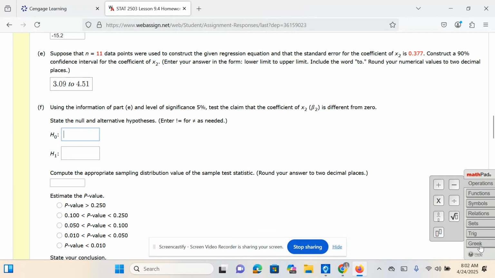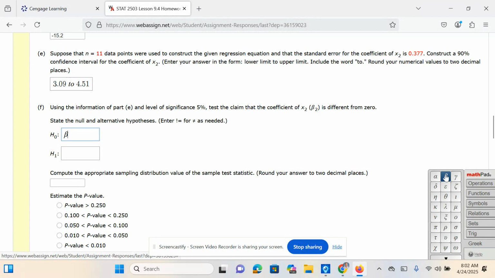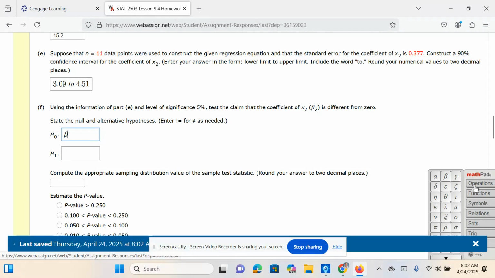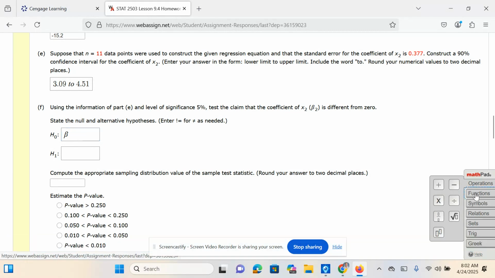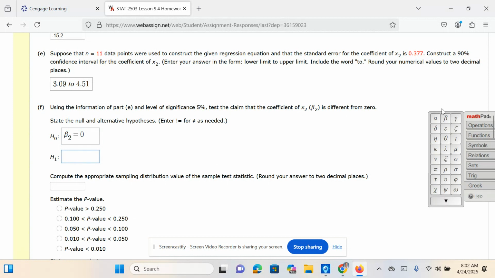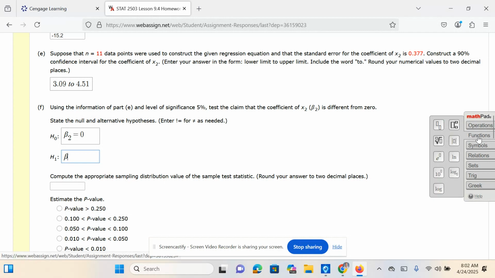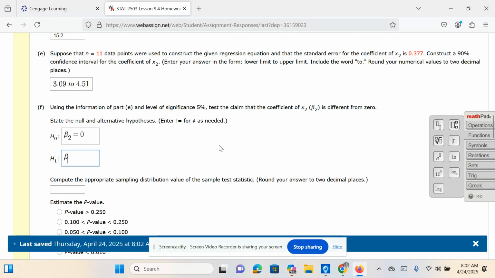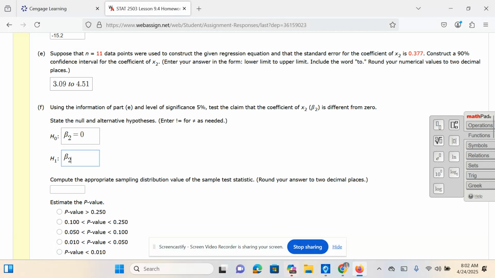So I'm going to go to the Greek, select beta, and go to functions for the subscript. Beta sub 2, because it's the second slope, and I'm going to assume it's equal to 0, and I'm trying to test if it's different from 0. So beta sub 2 not equal to 0.